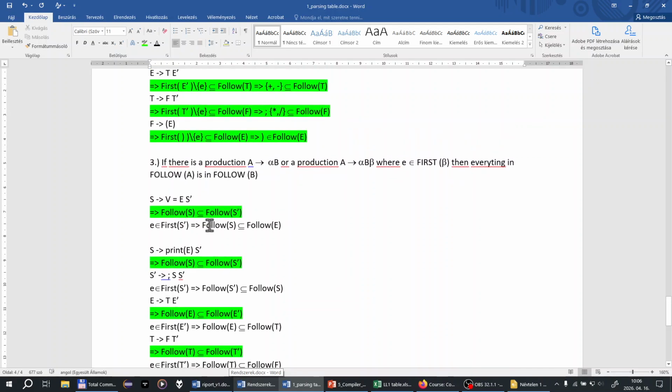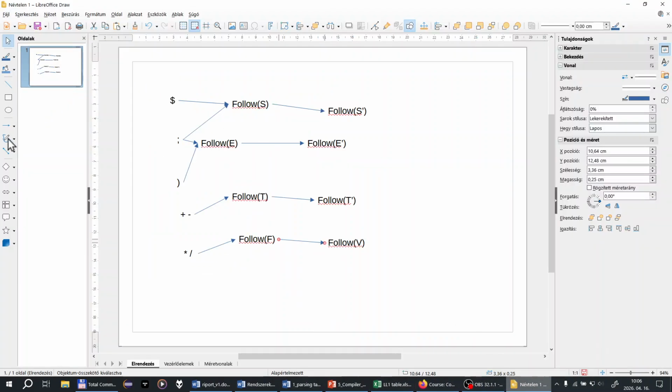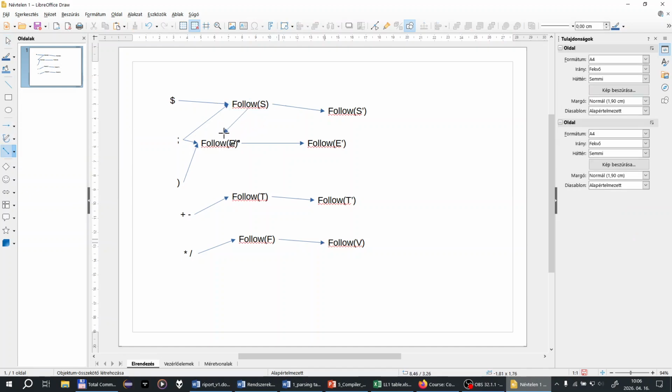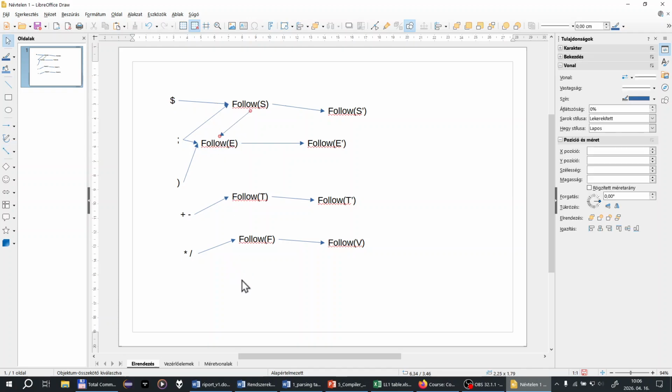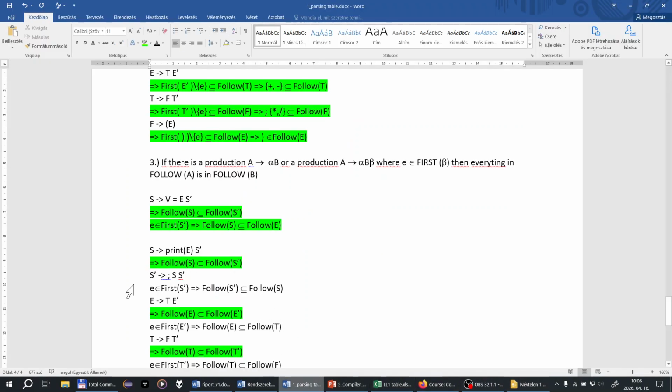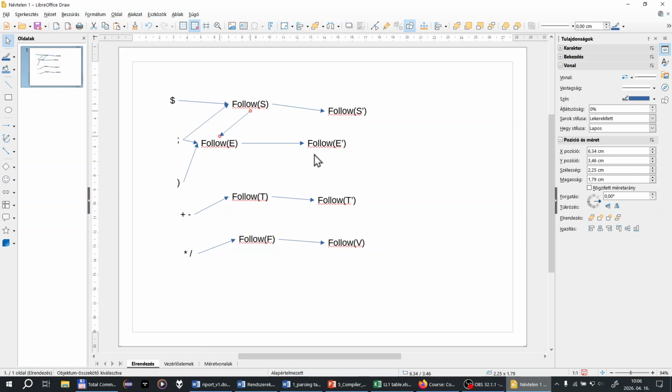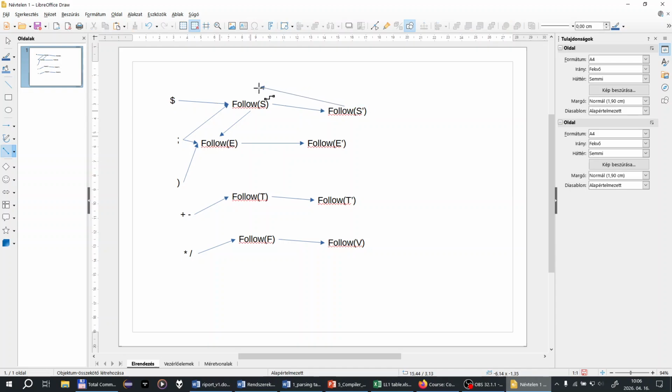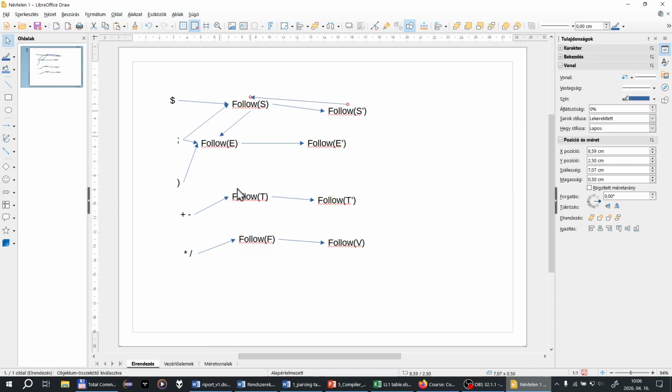And here we have follow S is an element of follow E. Okay. And S prime to S, so practically these are equivalent. Okay.